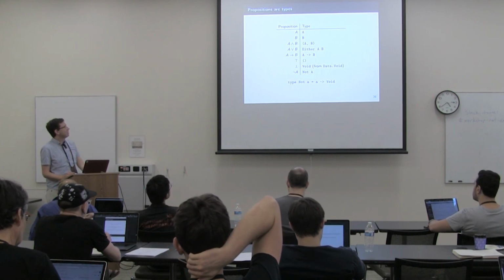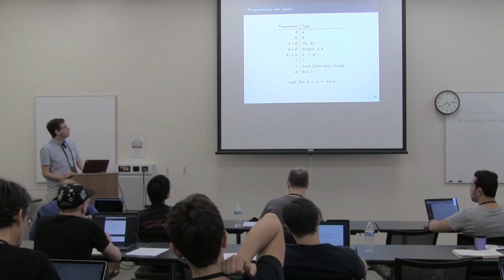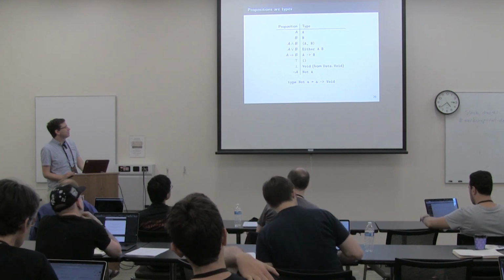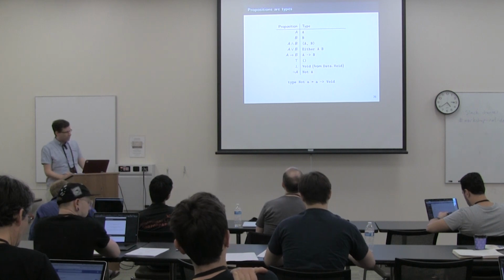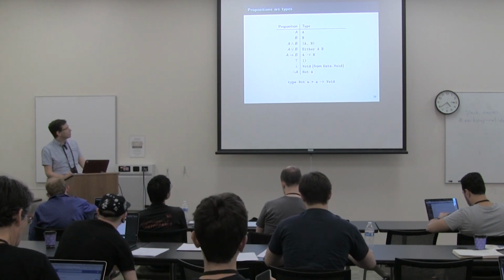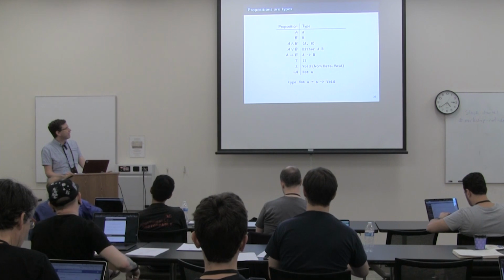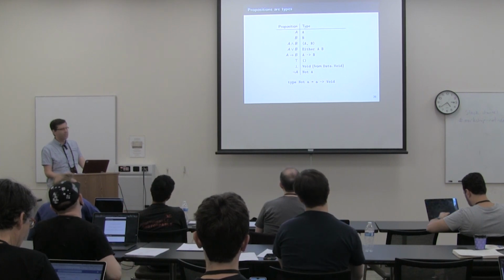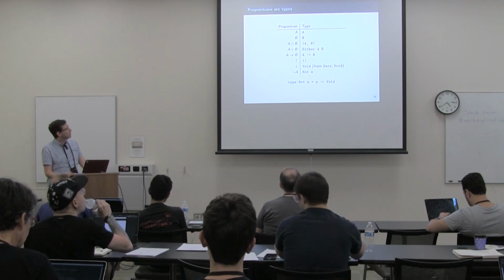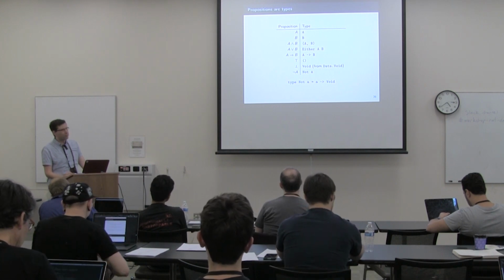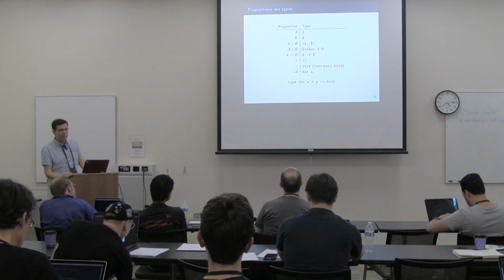So A and B corresponds to the product type of A and B. A or B corresponds to Either A B. You can think of it as either one thing or the other. A implies B corresponds to a function from type A to type B.